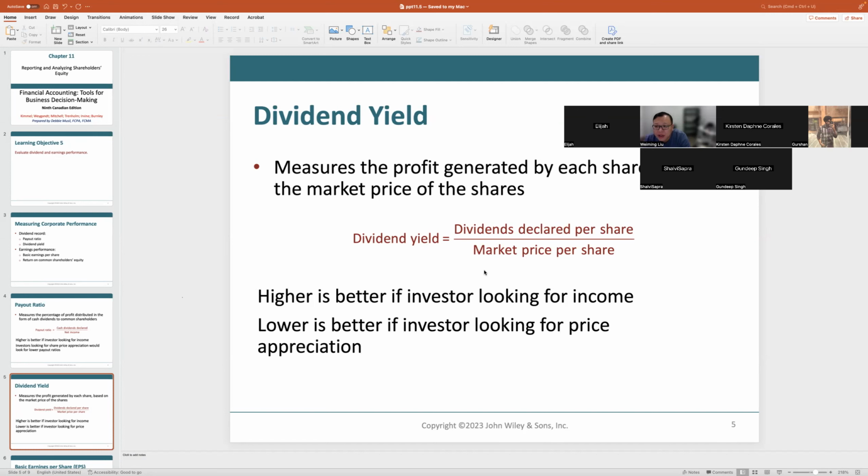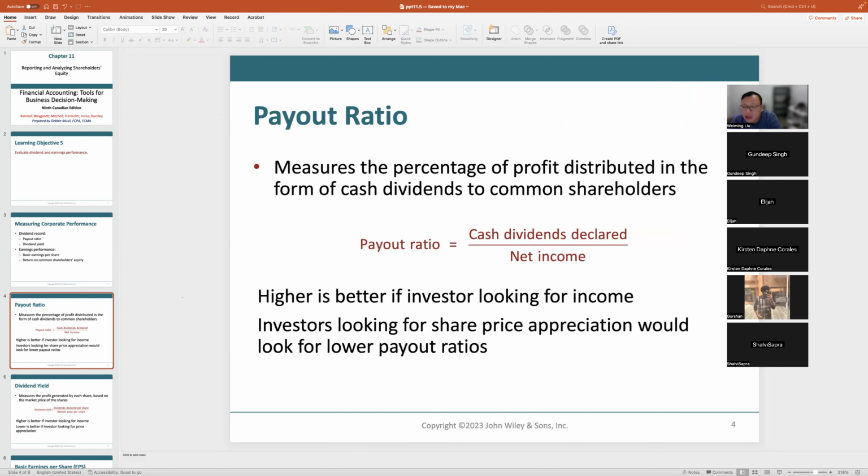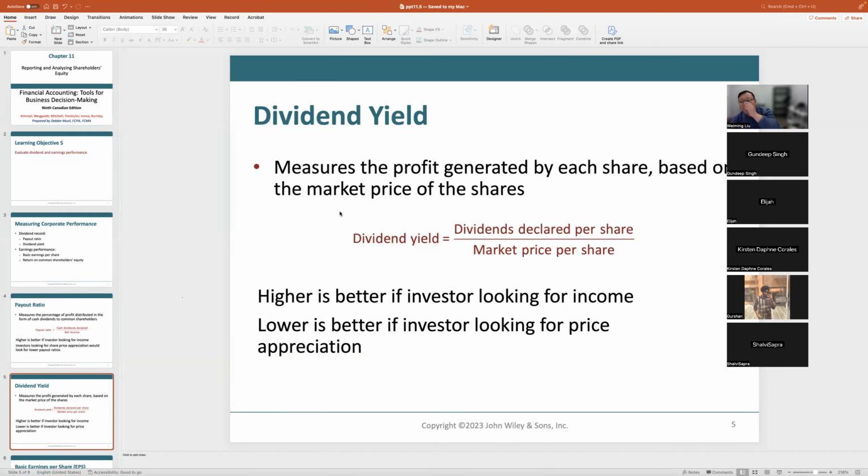Okay, so the calculation is not that hard. In the questions, if you are asked to calculate payout ratio, just remember this is a division. You use cash dividend declared divided by net income. That is your payout ratio. For dividend yield, again, it's a division.